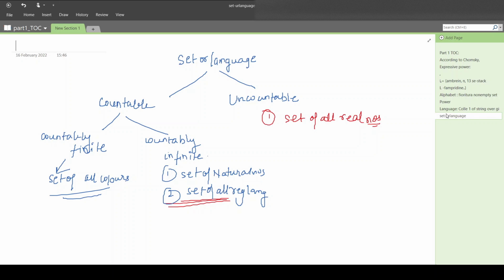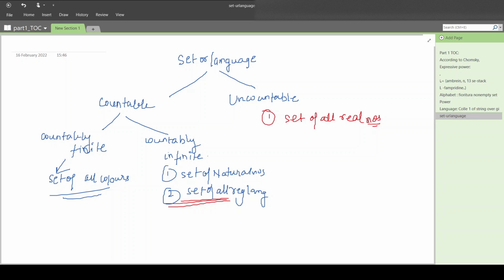But countably infinite is very difficult and time-consuming, and goes on for an infinite period: the set of natural numbers, or the set of all regular languages. What's uncountable? The set of all real numbers, like 1, 2, 1.1, 1.0001. These are all real numbers, but it is uncountable.